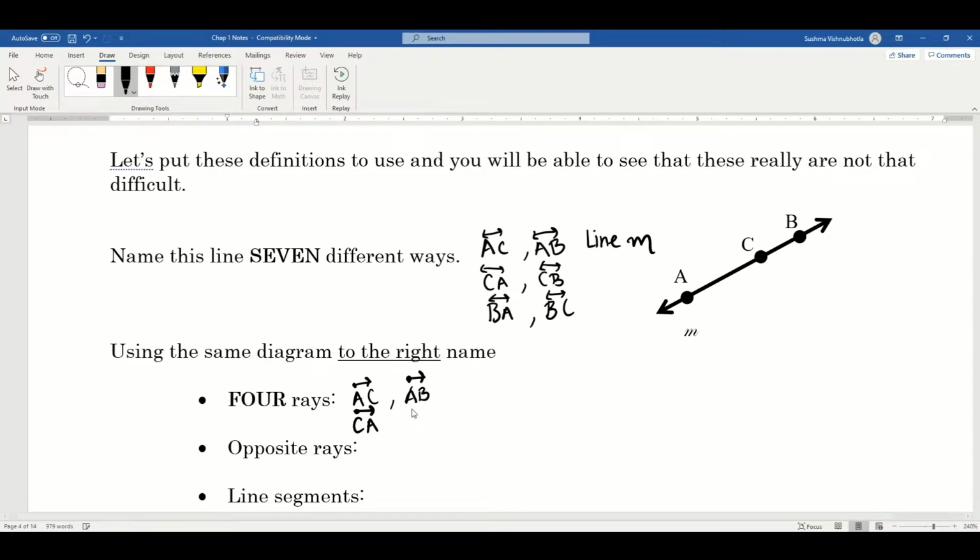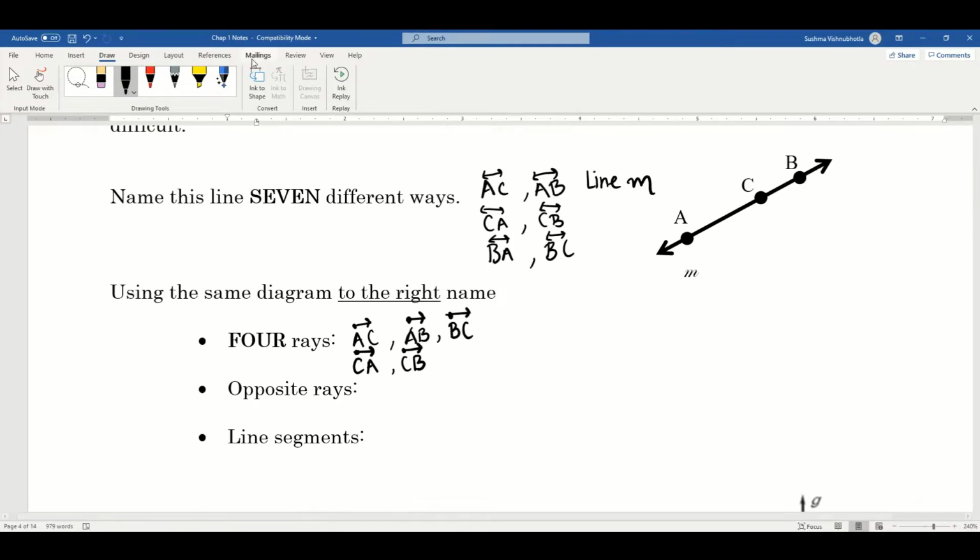It's not the same ray because C is now the endpoint. You could do CB. And then you can do BC. So these 2 are actually the same ray. 2, 3, 4. I'm just going to highlight these 2 because these are the same.